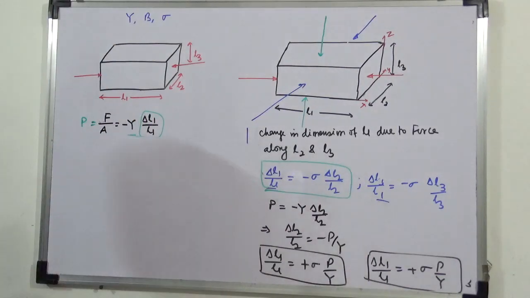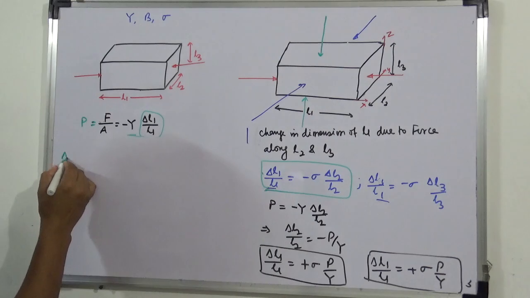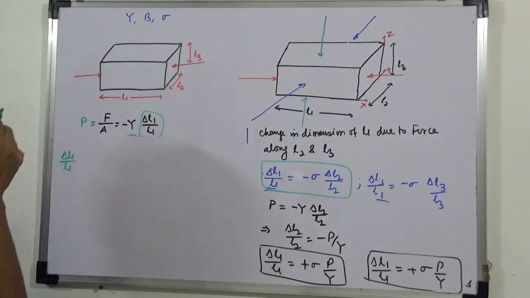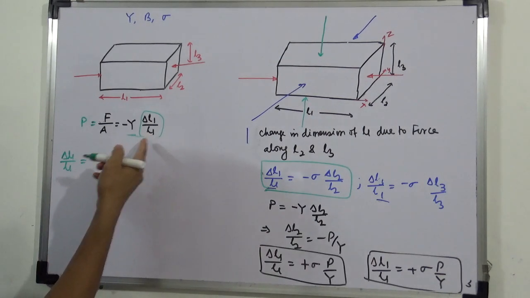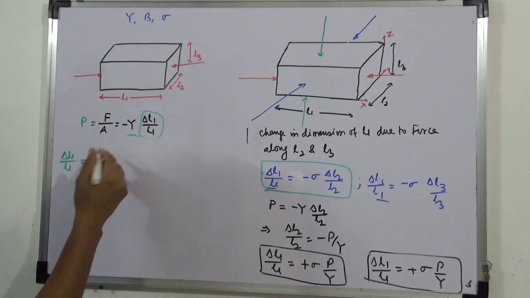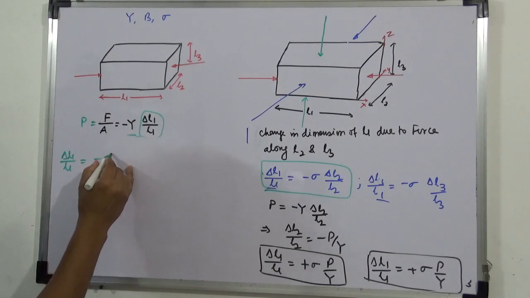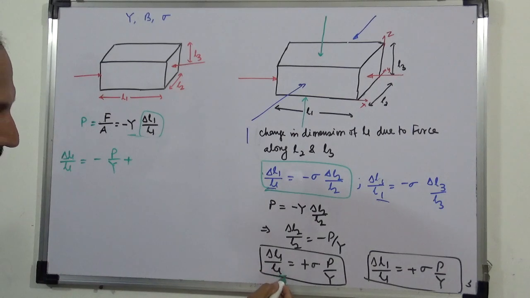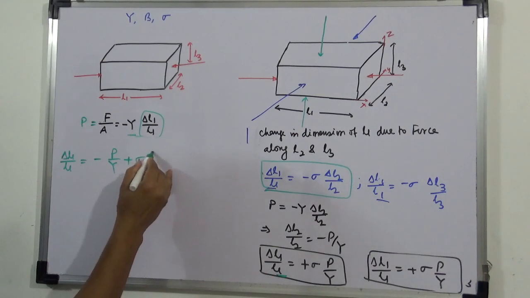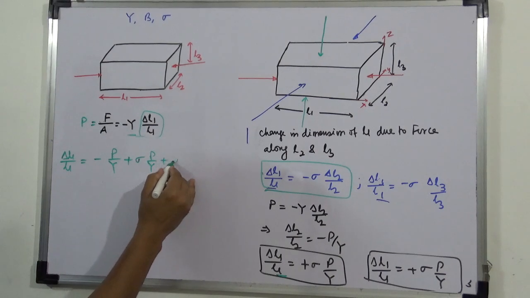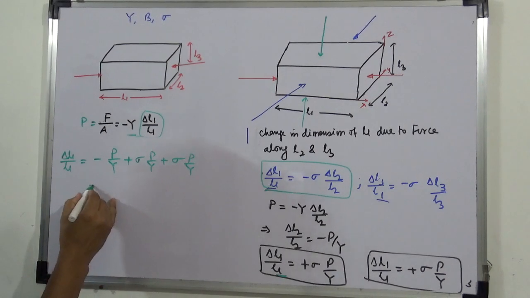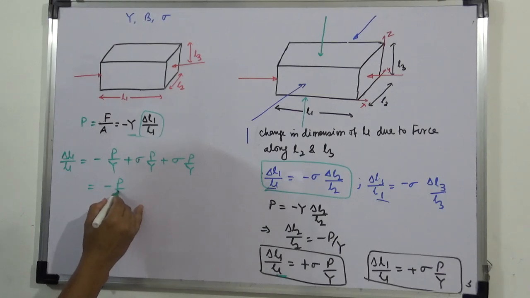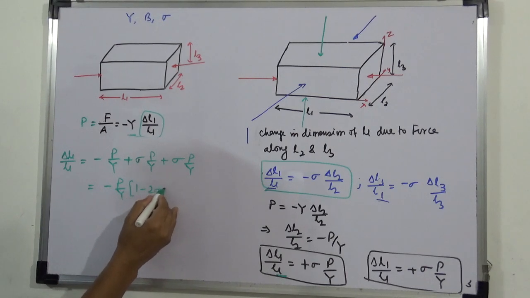So I write the net change here. So net change delta L1 by L1, what will it be? The change in length of L1 due to force along L1 is minus P by Y, plus due to force along L2 sigma P by Y, plus sigma P by Y. So this becomes minus P by Y taken common, 1 minus 2 sigma.